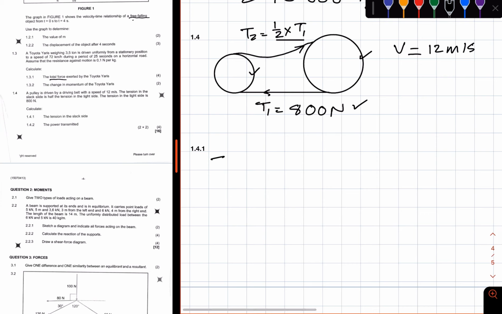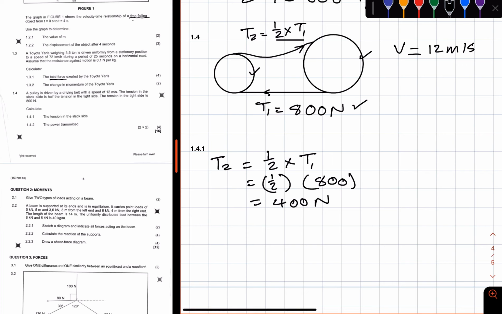They've already told us that T2, the tension on the slack side, is half the tension on the tight side, so it's half of T1. We've been given T1, so we can get T2. So this will be half times T1, which is 800 newtons. If you punch that in your calculator, you get 400 newtons. Pretty straightforward.